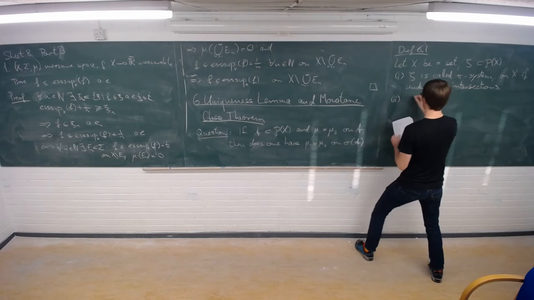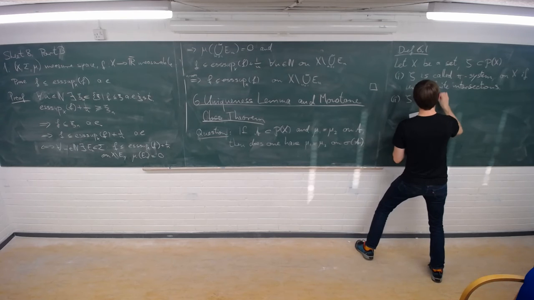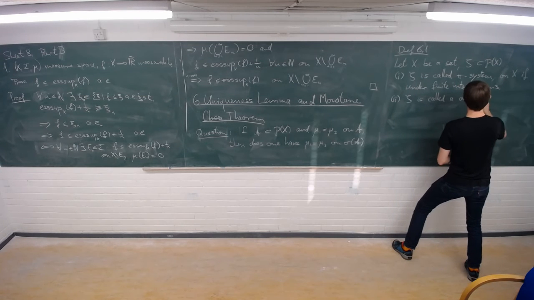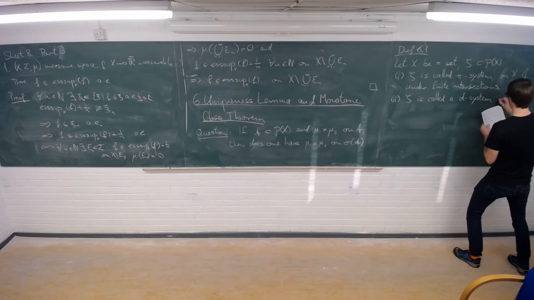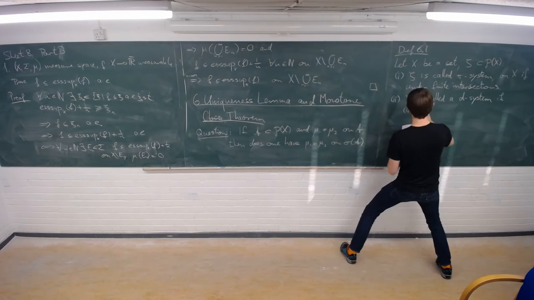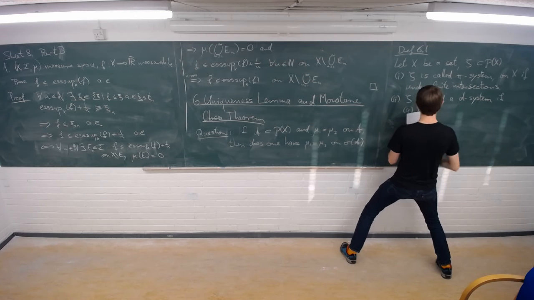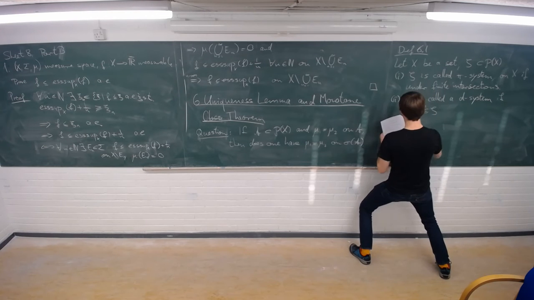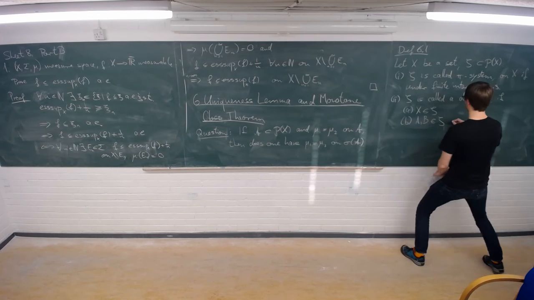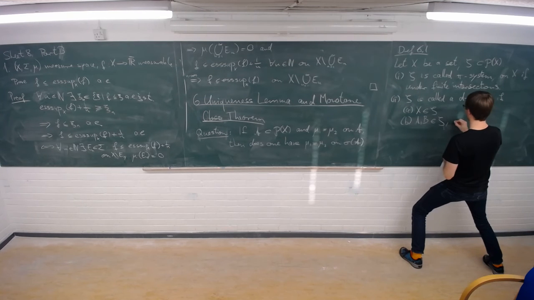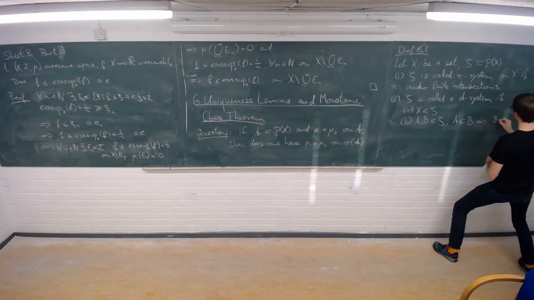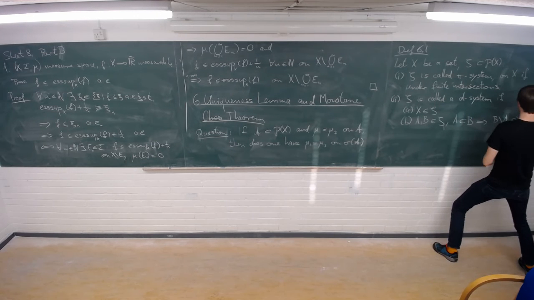And second, S is called a D system if the following things are satisfied. First, X is an element of S. Second, if two sets A and B are in S and A is a subset of B, then B minus A is in S again.